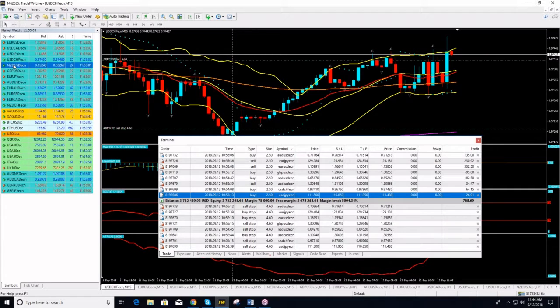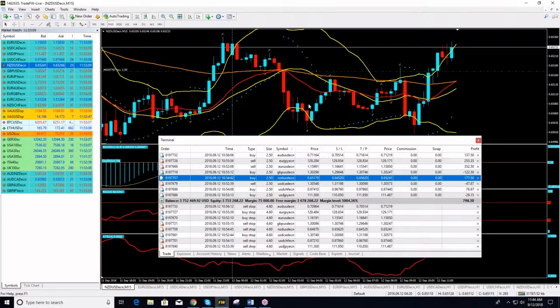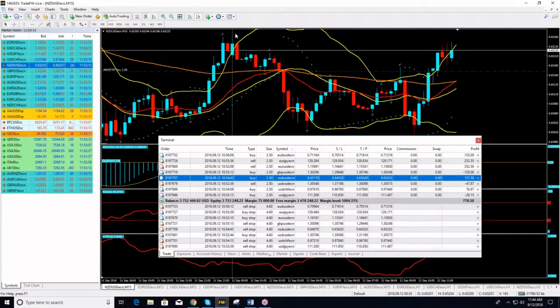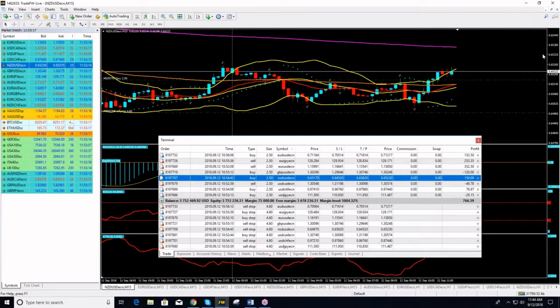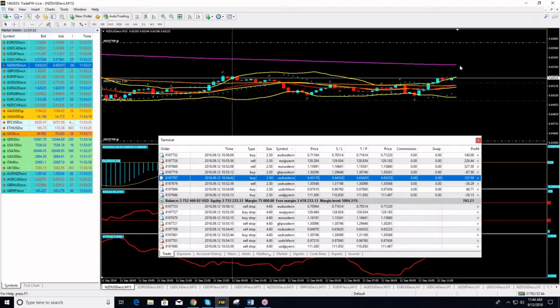Kiwi, as you can see on the Kiwi, we have long positions, a nice recovery from the day's lows. Now we are approaching again today's highs, and I believe we will break them to the upside, and that's why I have my take profit higher than the MA of 200 periods. Now, why?